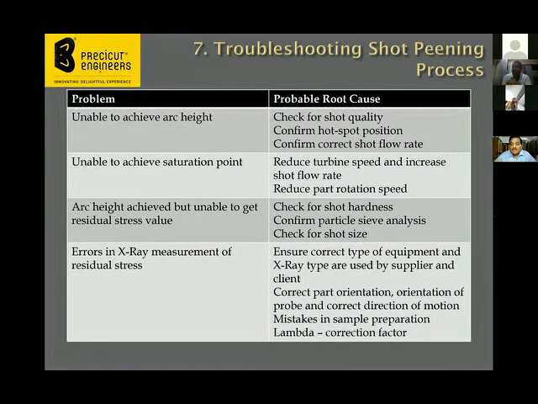So if the hardness is not correct, or again like I said, the distribution of the shot size is not correct, you will get the arc height, but the compressive stress won't be achieved. So you need to check the shot hardness first. Secondly, like before, you have to check the particle sieve analysis, and obviously the shot size, which is the outcome of the sieve analysis.